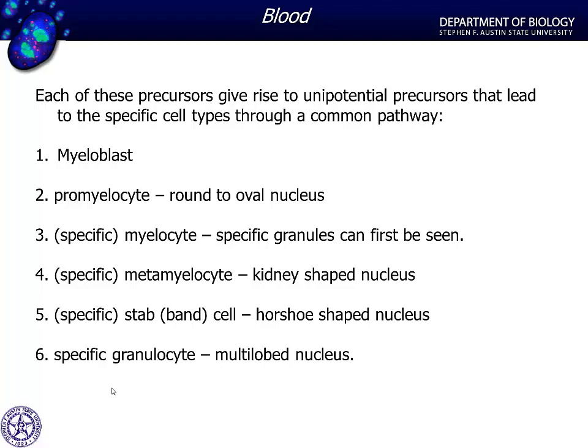When we finally arrive at this extreme of a horseshoe-shaped nucleus, with a really thinned-out boundary connecting our lobes, we call this a stab cell or a band cell, again preceded by an eosinophil, basophil, or neutrophilic label. And then finally, once we get out into the circulation, we have the specific granulocyte, and we can just name those eosinophil, neutrophil, or basophil.